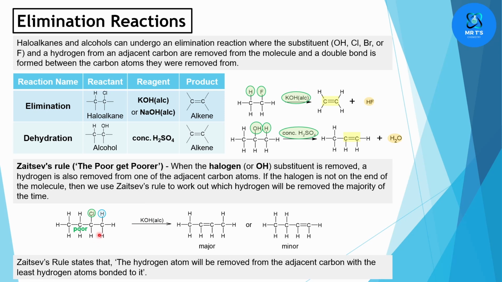Because there were two different options that would produce two distinct products, we use Zaitsev's rule to work out which one is the major product and which one is the minor product. And remember, Zaitsev's rule states the hydrogen atom will be removed from the adjacent carbon with the least hydrogen atoms bonded to it. The poor get poorer. And that's elimination reactions using Zaitsev's rule.